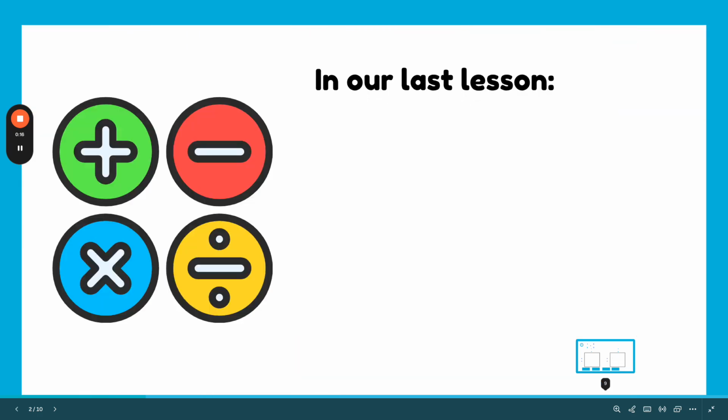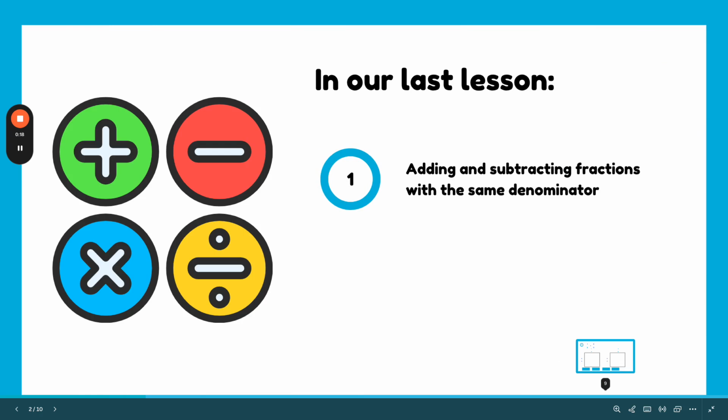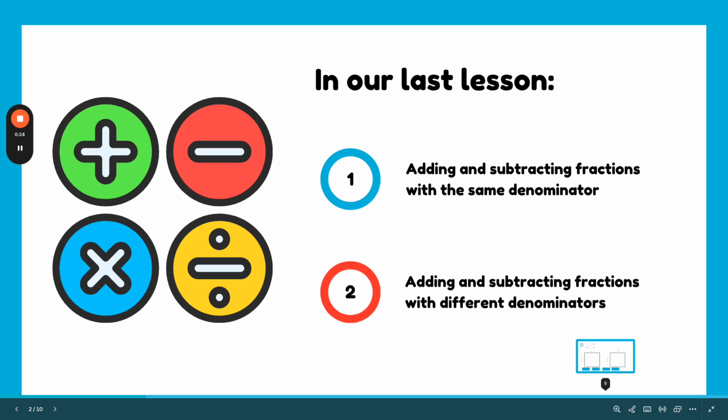So in our last lesson, we looked at how to add and subtract fractions with the same denominator and how to add and subtract fractions with different denominators. In the first case, when they have the same denominator, we just either add or subtract the numerators of both fractions.